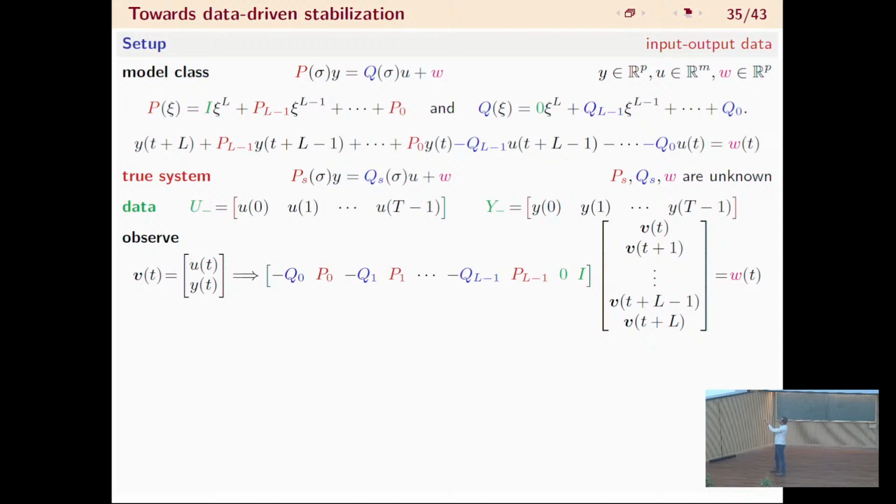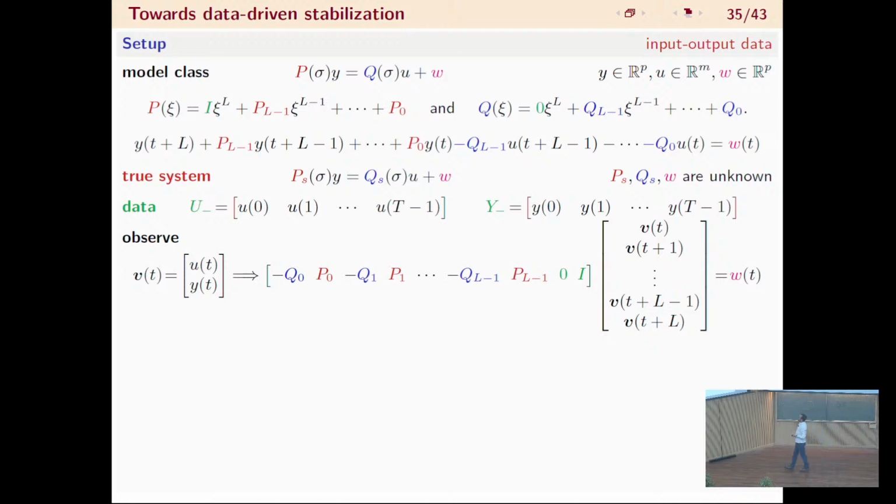Because minus Q0 is going to multiply U of t, P0 is going to multiply Y of t, minus Q1 is going to multiply U of t+1, and so on. And this is just a way of writing the left-hand side here in a more compact way.